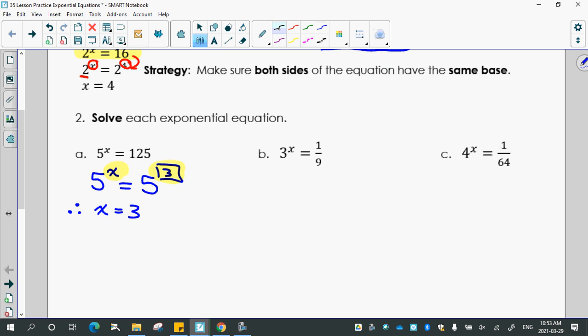Now we're getting a little bit harder. In order to write both sides with the same base, I don't want 1 over 9, because I want my number in the numerator. So my first step would be to know that I can rewrite 1/9 as 9 to the power of -1.